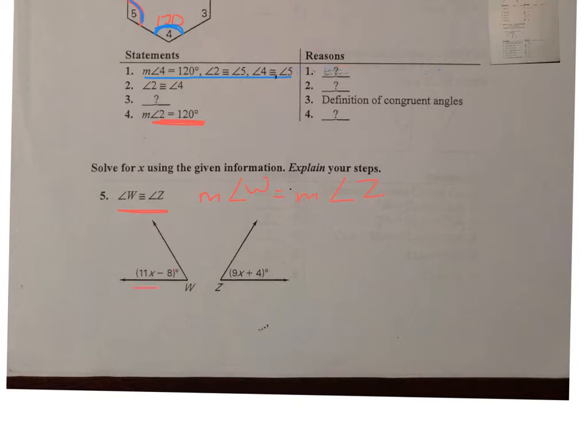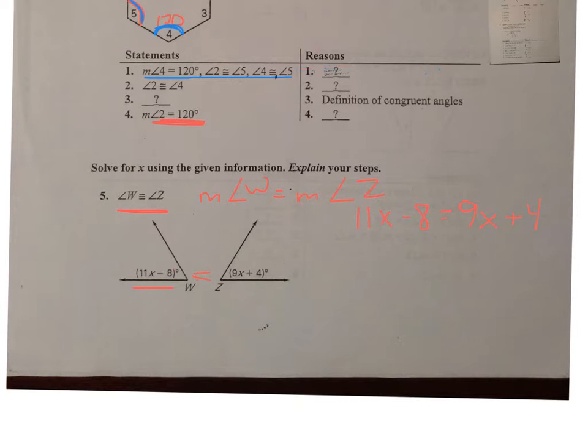Well, if I know this is equal to this, then I know that 11x minus 8 is equal to 9x plus 4. 11x minus 8 is equal to 9x plus 4.